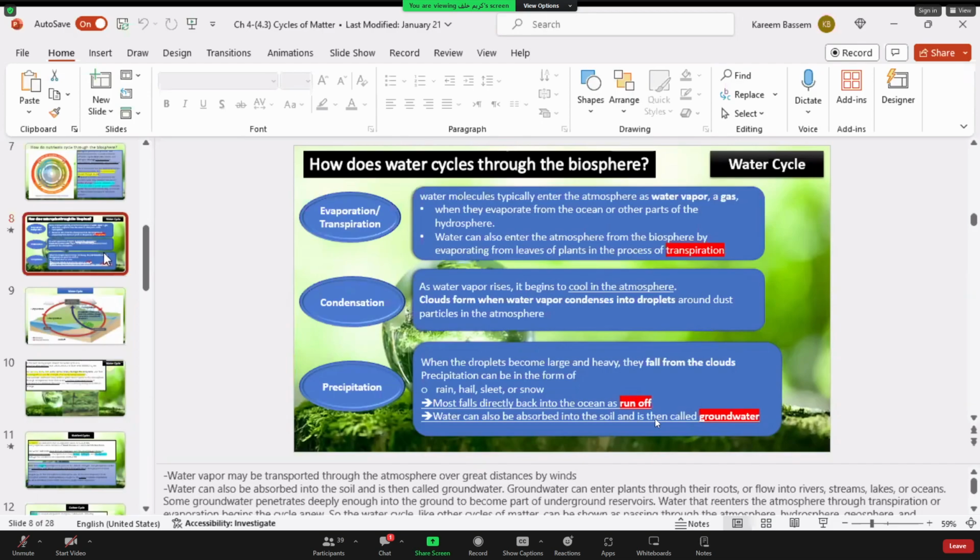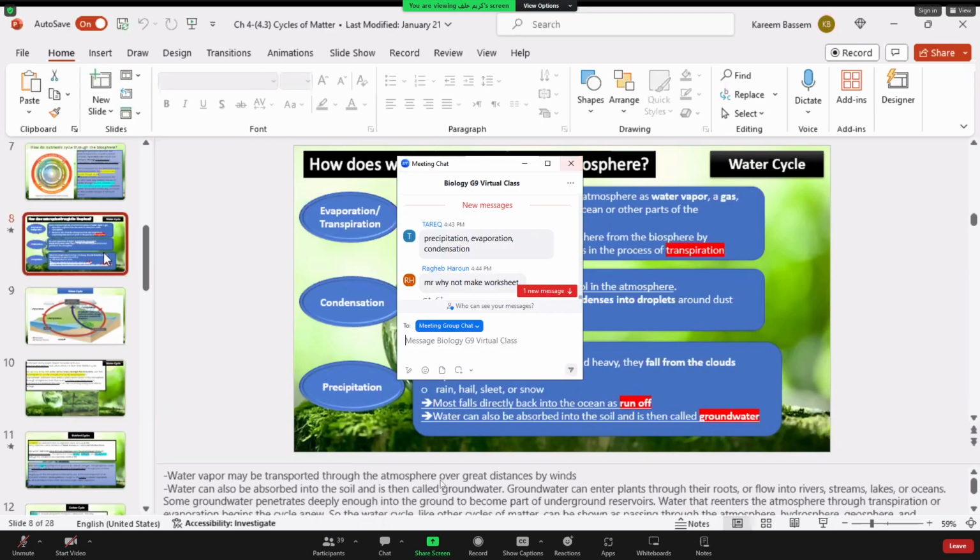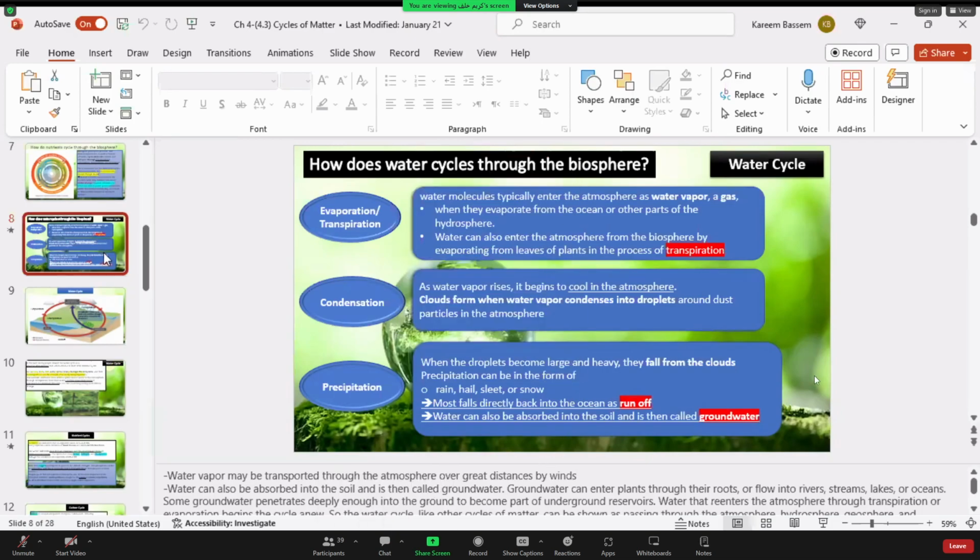In transpiration, water evaporates out of the leaves of plants. When there is much water in the plant, it gets out through openings in the leaves, so it is evaporated. Both of them contribute to a high extent of water vapor in the atmosphere.